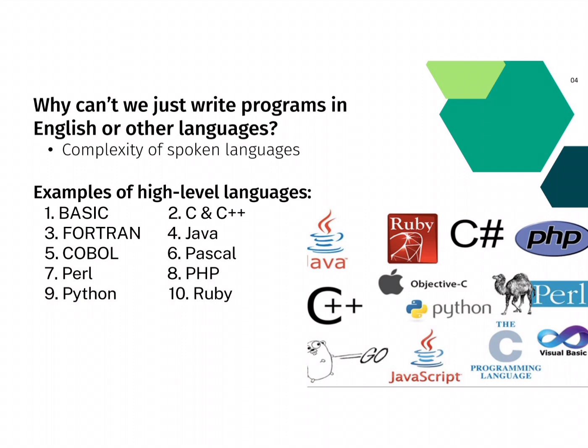A computer cannot understand or differentiate between such a wide variety. Thus, spoken languages are much more complex for a computer to understand. Therefore, these programming languages actually simplify it down for the computer to understand and also at the same time allow humans to understand it as well.